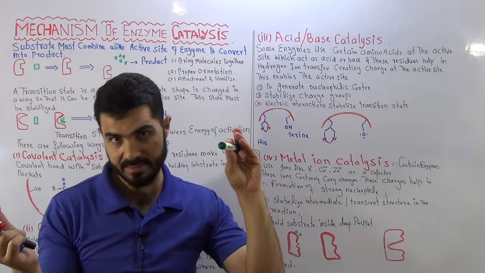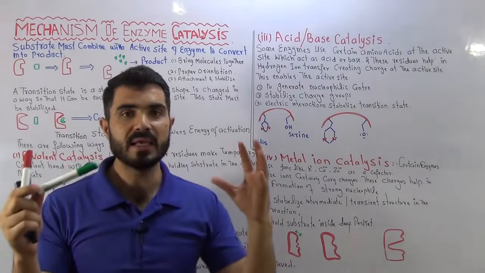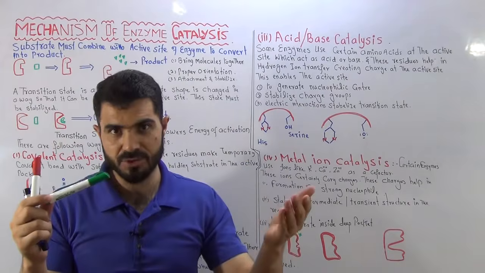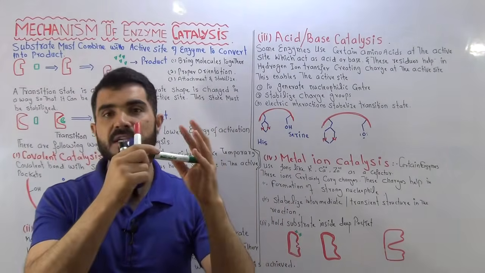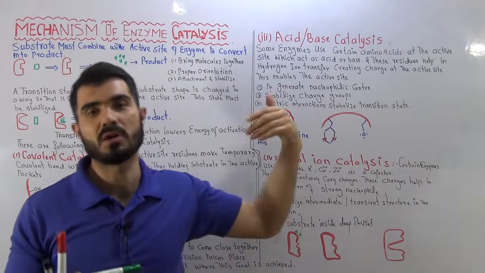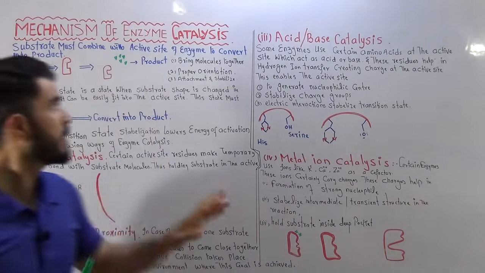This is called catalysis. Second, when an enzyme speeds up a chemical reaction by attaching the substrate at the active site and converting it to product, this is called catalysis. So catalysis can be defined in two ways.